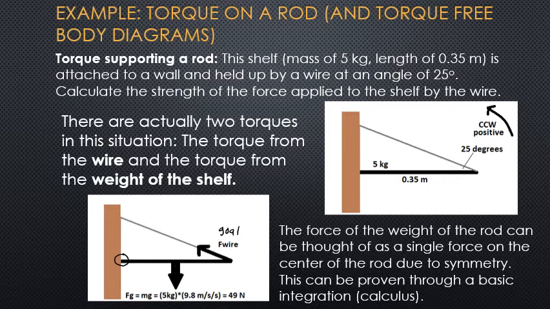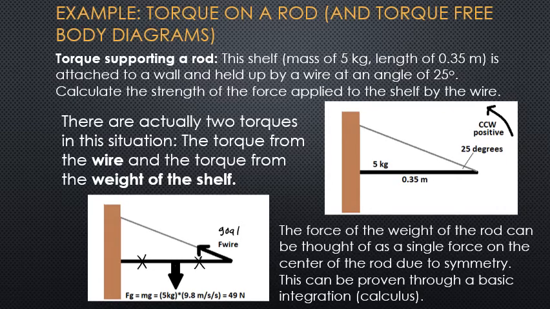Now, if you have a symmetrical shelf, so in this case, we're going to assume that the shelf is symmetrical, that this side doesn't weigh more than this side. We're going to go ahead and say that it's a uniform shelf. So the density and weight and everything is the same throughout the whole shelf. So the left half of the shelf will have an equal weight to the right half of the shelf.